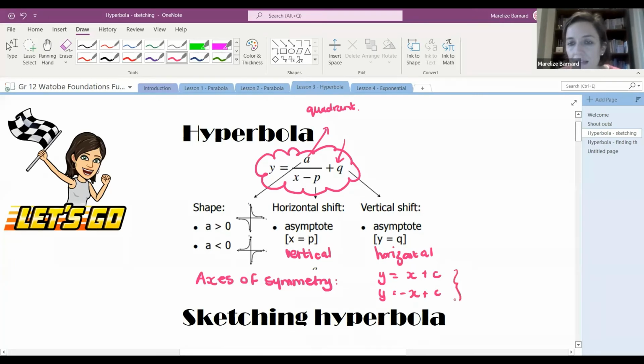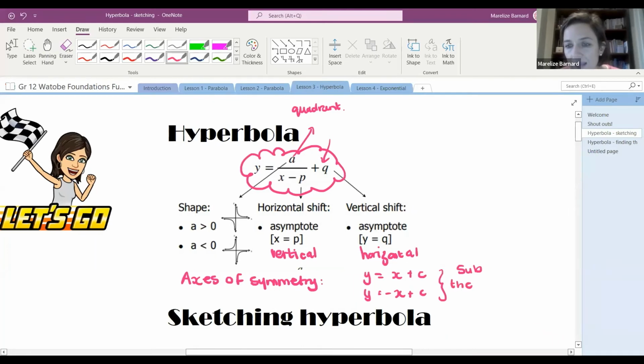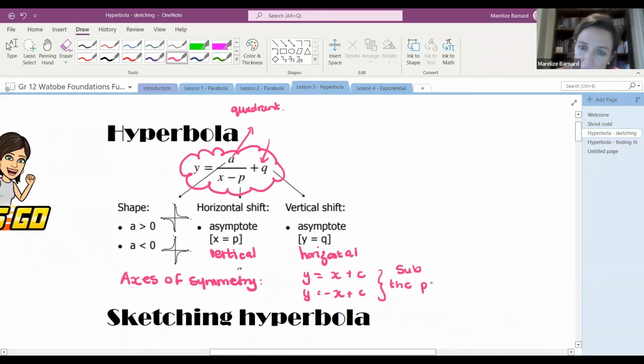And then to calculate c, we sub in the point where the asymptotes cross. Just make a note of that so long, and we are going to practice that. It will make more sense when we actually do it. Where the asymptotes cross.